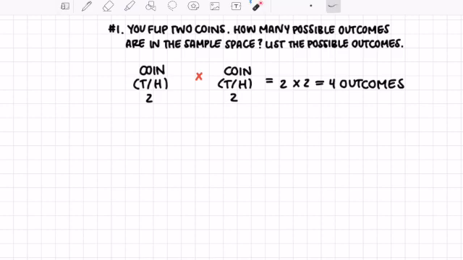After that, again, we have to list out the possible outcomes. So let's start off with the first coin. The first coin, we were either receiving a tail, or a head. Either one, tail or head.